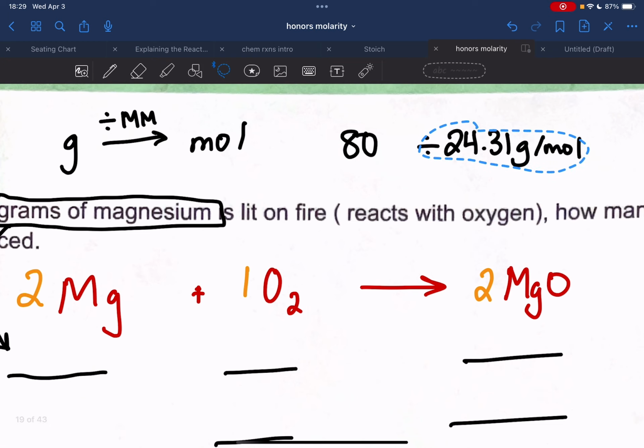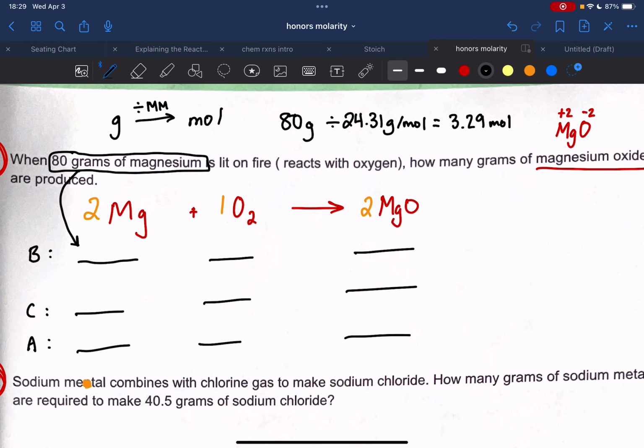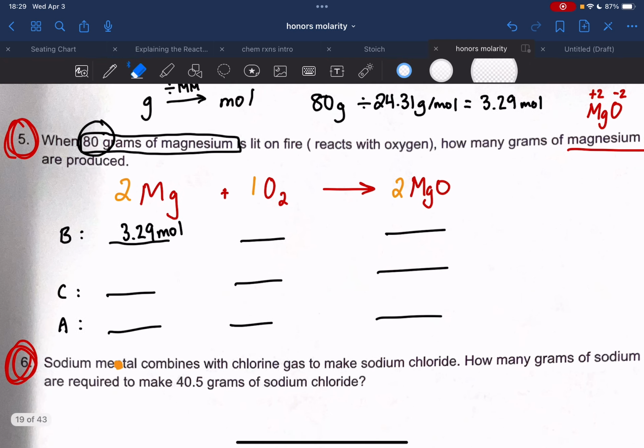So that's what I'll punch in my calculator. 80 divided by 24.31, and I got 3.29. That is the number of moles of magnesium that is equal to 80 grams. So that number goes right here. And now that I have something in my BCA table, I can do the rest of it.